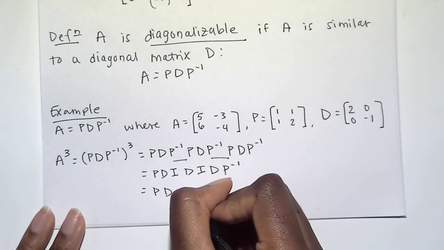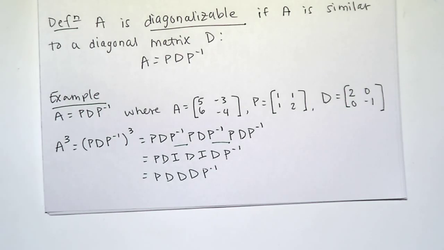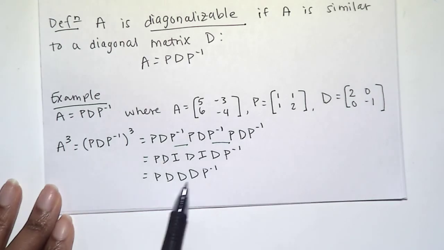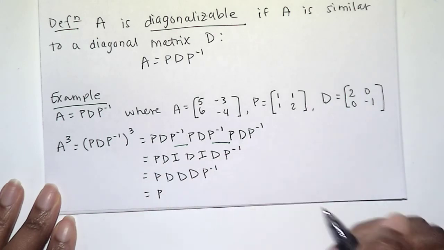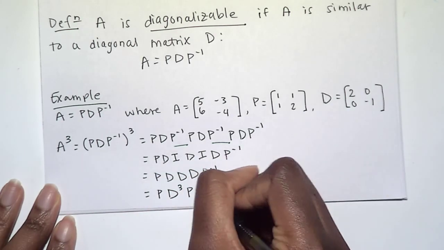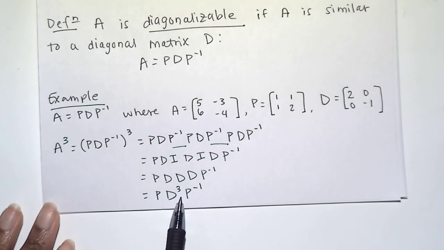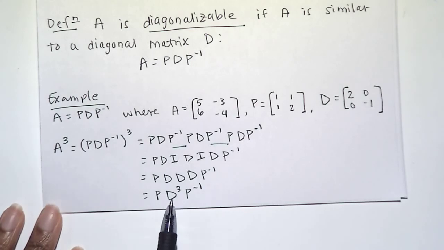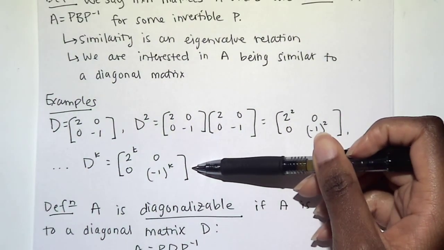So P D D D P inverse. Now remember, we have these nice properties of diagonal matrices, especially when we're raising them to a power. So P D cubed P inverse. So we see that if A is diagonalizable and we raise it to a certain power, we can just use the factorization and raise the diagonal matrix to that power, which we can do so easily because of this property of diagonal matrices.